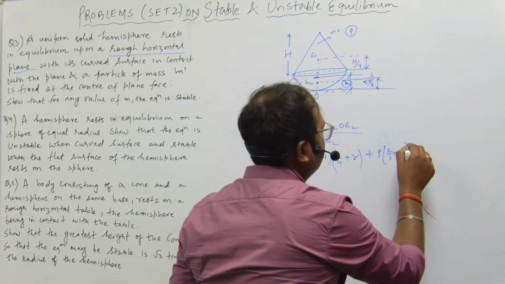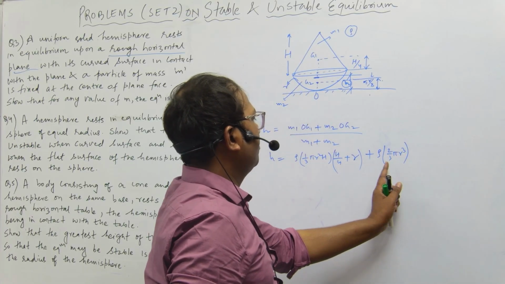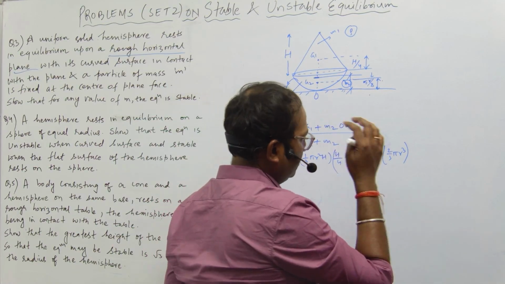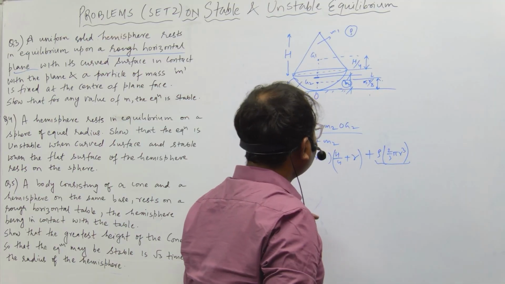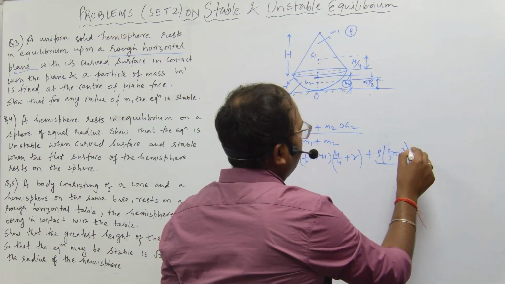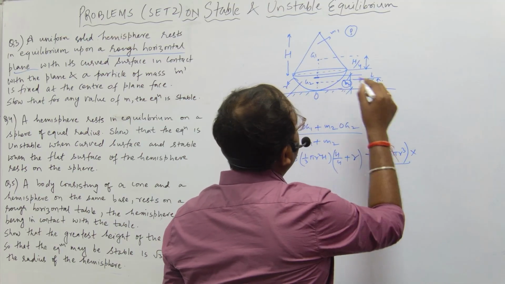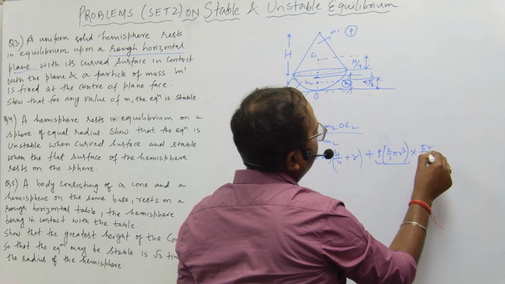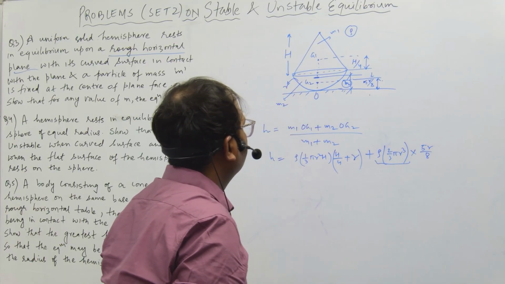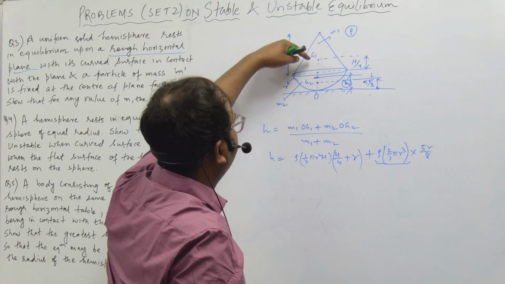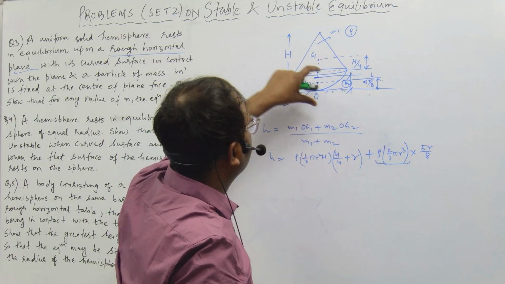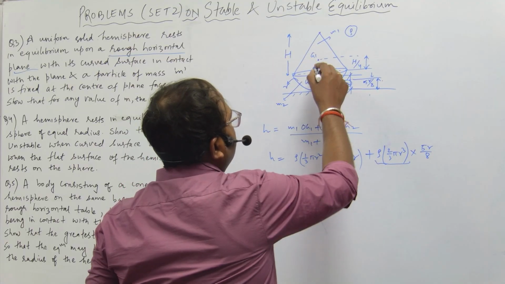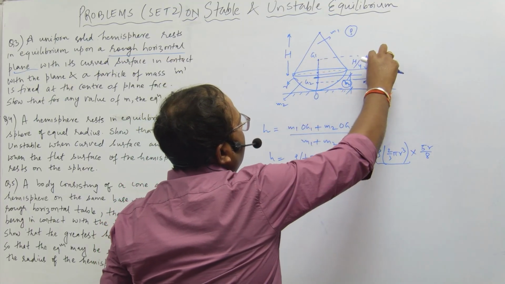Density times volume will be mass. This is the value of m2 into OG2. OG2 will be 5r upon 8. So OG1 is the distance of the center of gravity of this cone from this surface. This complete distance is H by 4 plus radius.